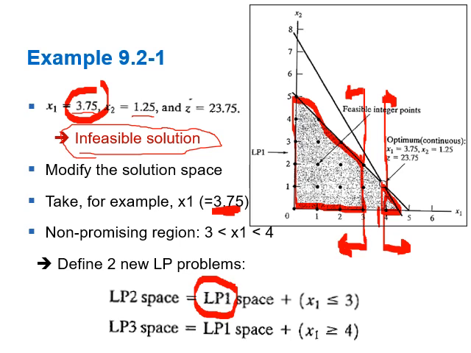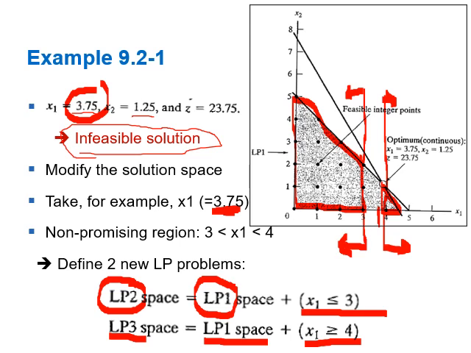The original LP relaxation, we call it LP1, the first problem that we solve. If we include x1 less than or equal to 3 to LP1, then we get a new linear program, and we call this LP2. It is this left-hand side in the feasible region. And if we include x1 greater than or equal to 4 to LP1, then we get this right-hand side, and we call it LP3.